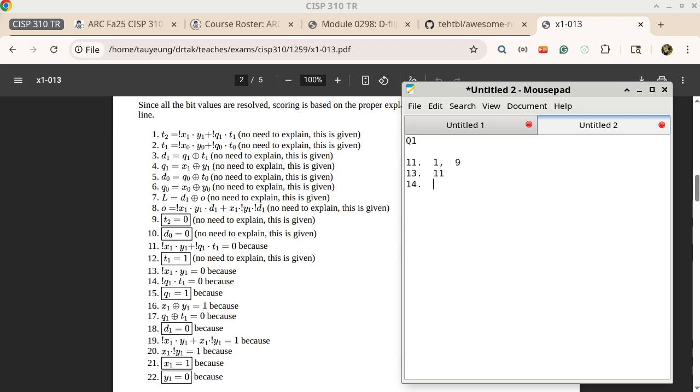Number 14, same thing, so number 11 again. Number 15 is directly because of 14, but you also need T1 being 1, which is 12, to support that. Are we doing okay so far?